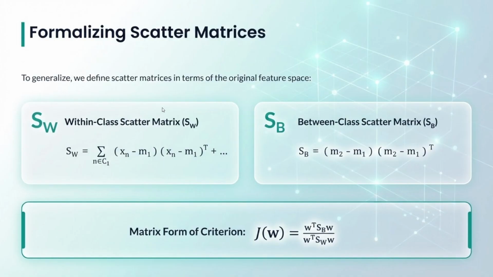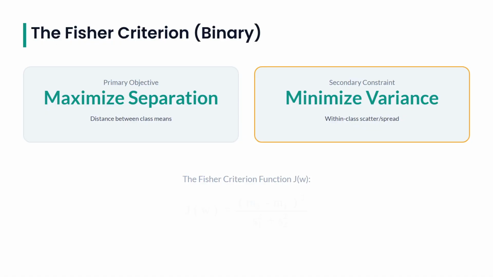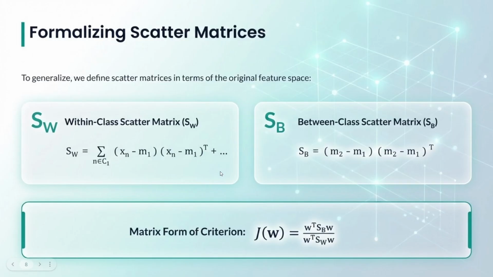How will we show the within class scatter, to minimize the variance, and the separation, to maximize it? This is the within class scatter matrix SW, where xn belongs to some class C1.